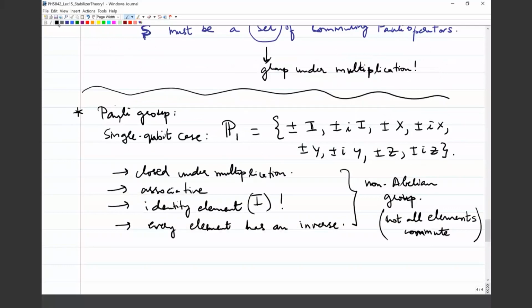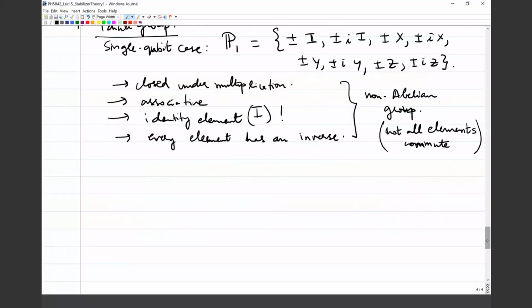So we can talk more generally about the Pauli group on n qubits, and that will be our focus.